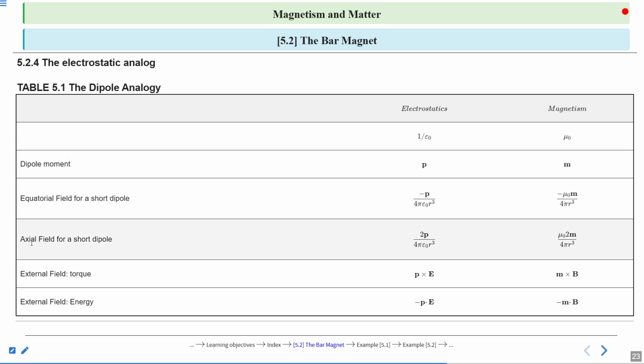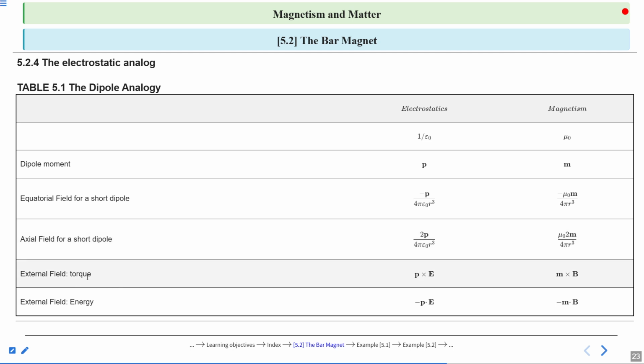The axial field for a short dipole, or for a very far axial point, and the equatorial field for a short dipole at a far equatorial point, these two mean the same. The axial field is 2P upon 4 pi epsilon naught r cube, or in magnetism, the magnetic field is mu naught 2M upon 4 pi r cube.